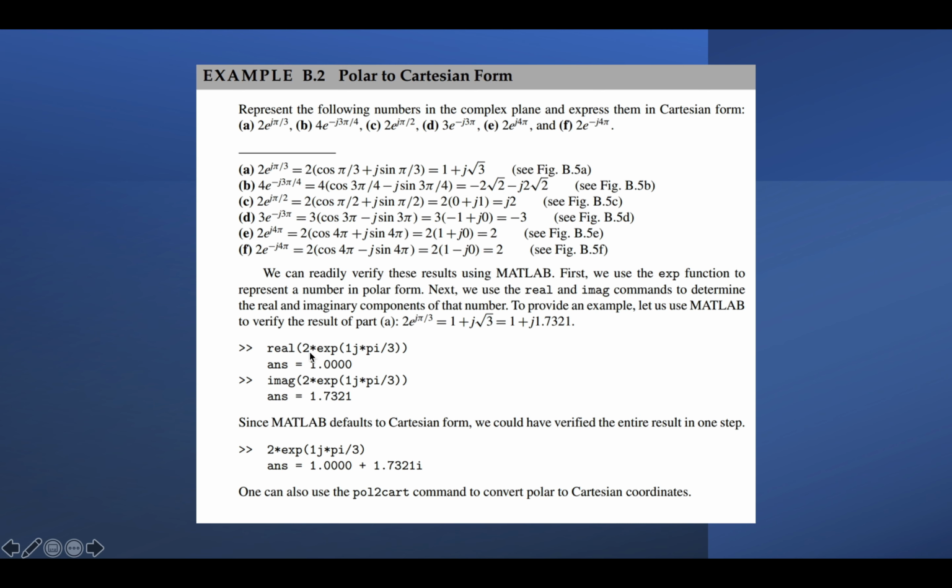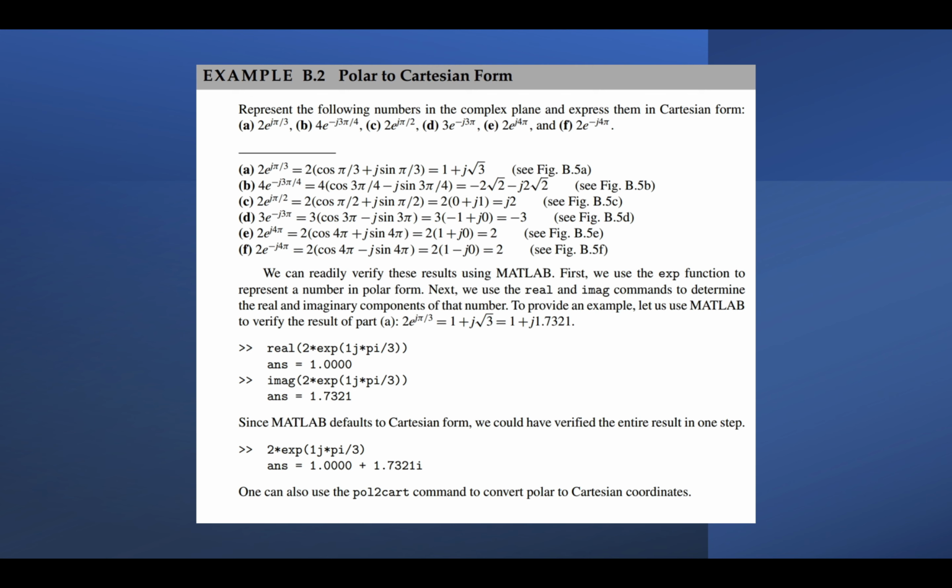And so 2 times e to the j times pi over 3, and notice the exp command is for e, and then the multiplication is just for the magnitude, for the amplitude.